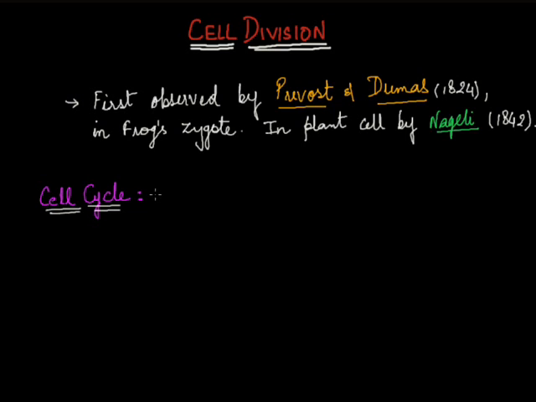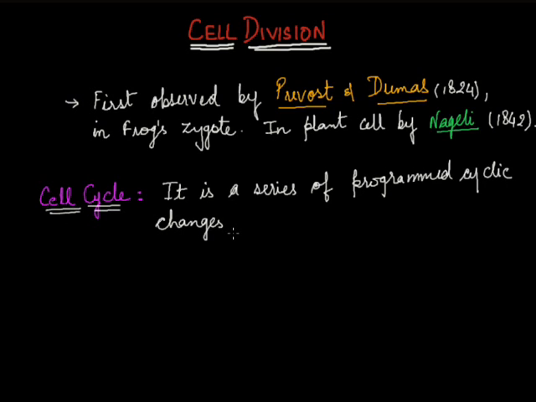If we write its definition, it is a series of predetermined or programmed cyclic changes by which the cell duplicates its content first and then divides into two or more parts.